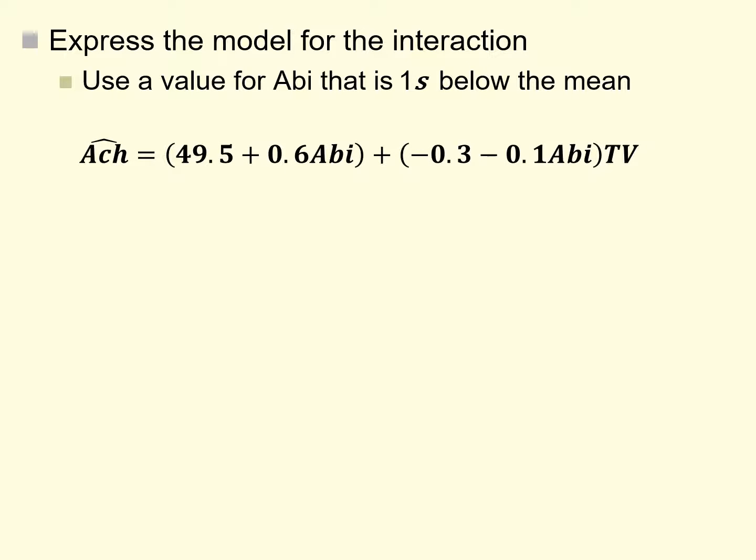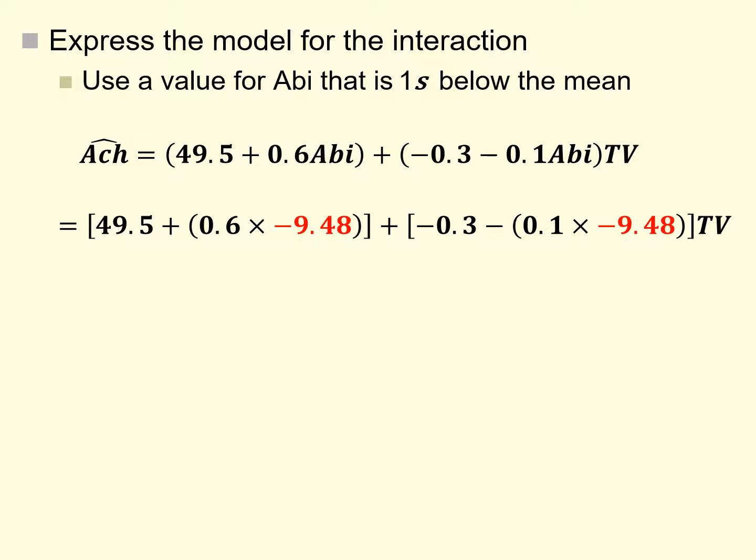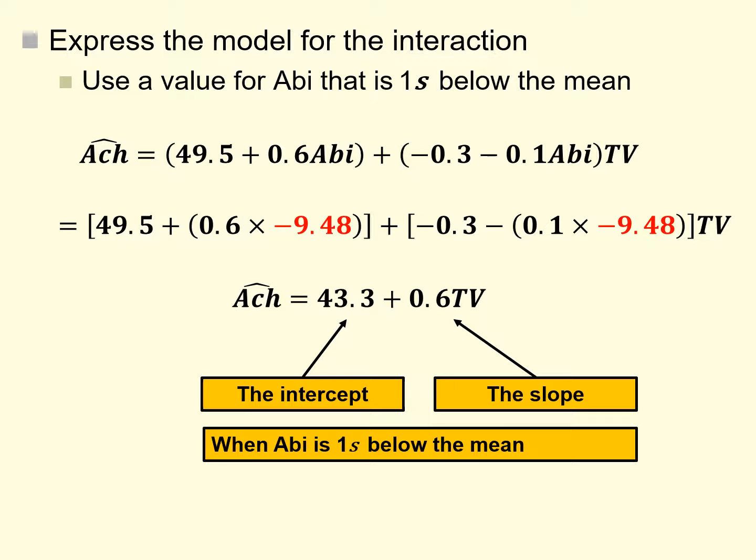So we take our model here and we plug in the value for one standard deviation below the mean and solve, and that's our model, how the model looks when ability is one standard deviation below the mean.